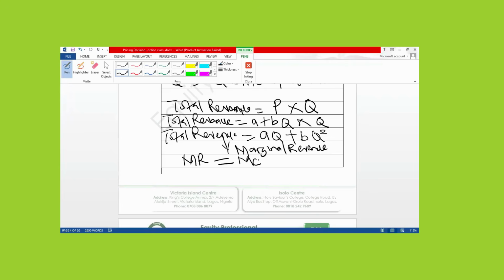The examiner can ask you to calculate the selling price at which the company will maximize profits.